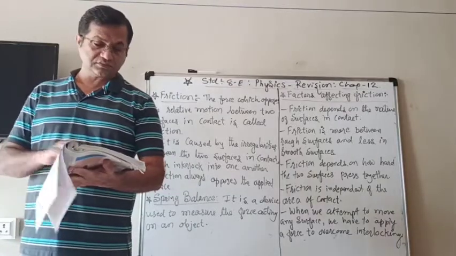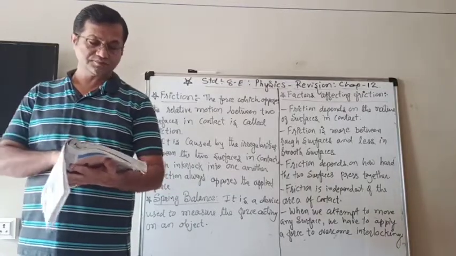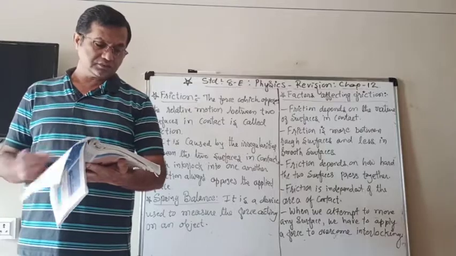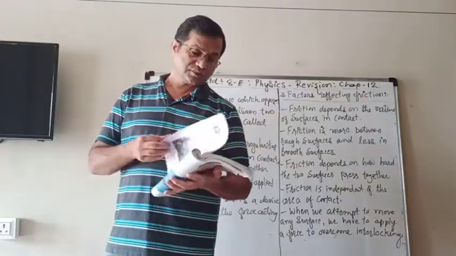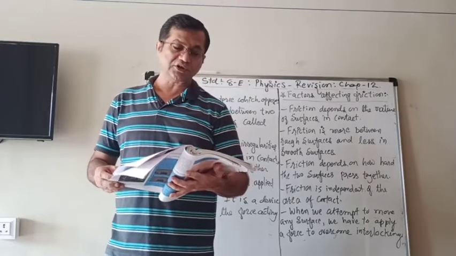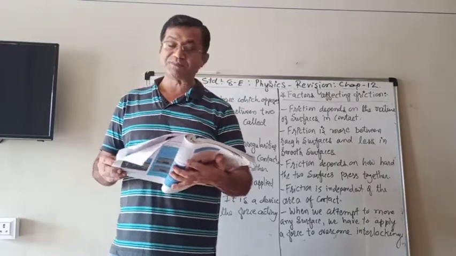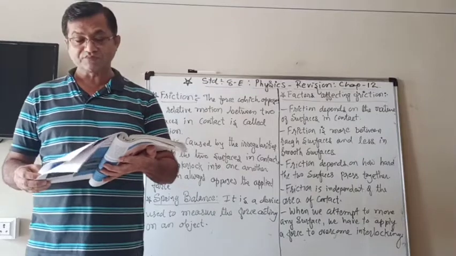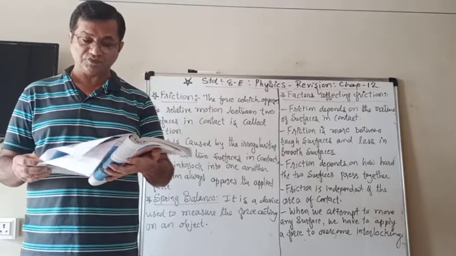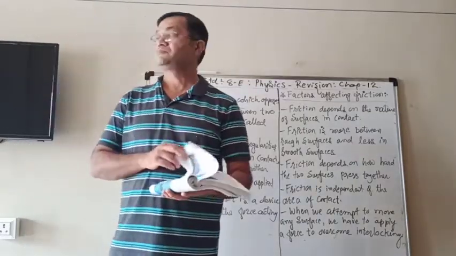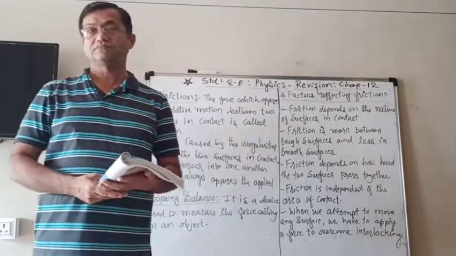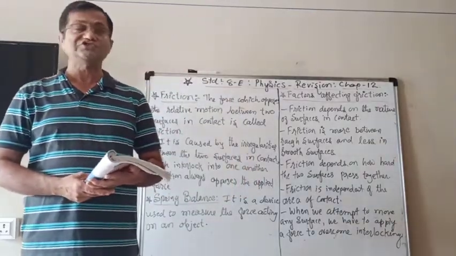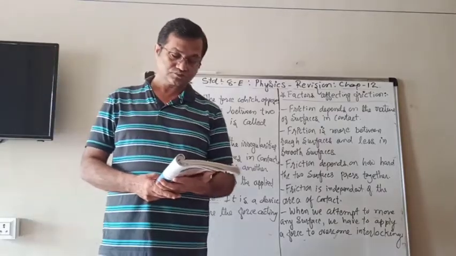In the previous chapter also, we learned about contact forces, in which we saw that when two objects are in contact, then frictional force also acts. And I told you that we will learn in detail in chapter number 12.